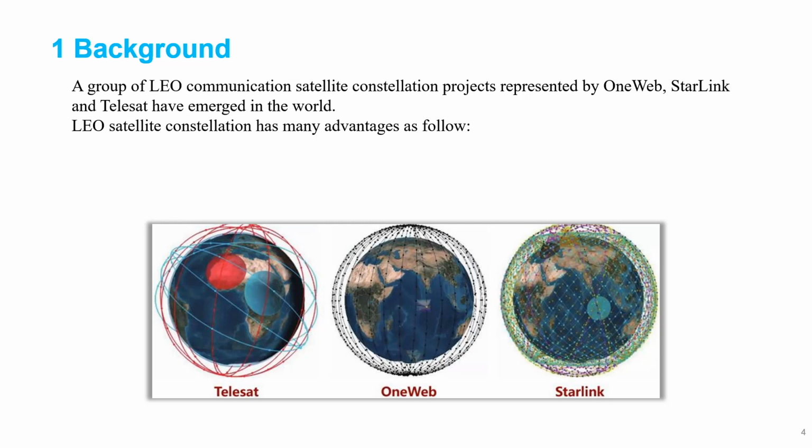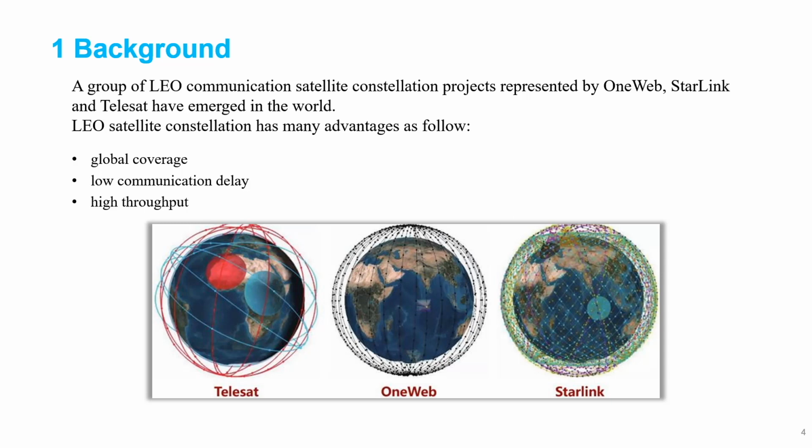Low Earth orbit satellite constellations have many advantages as follows. First, they have global coverage. Low Earth orbit satellite constellation can cover nearly full area on Earth, including remote areas. Second, they have low communication delay, around 20 to 50 milliseconds, related to orbit altitude.